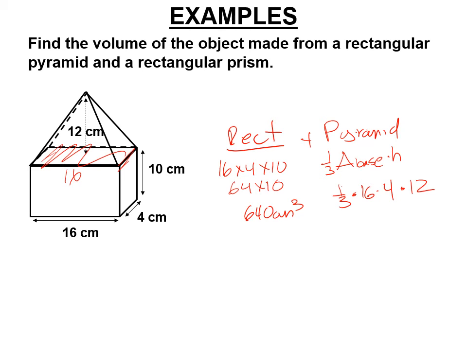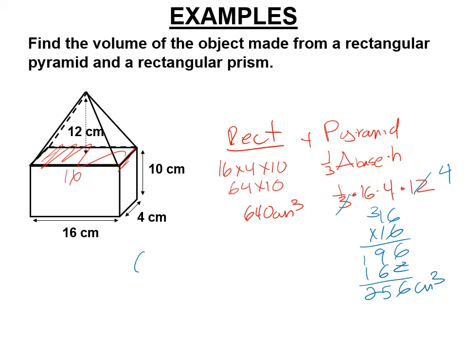I'm looking for something to cancel with this 3, and I'm going to use the 12 from the height. So that goes in 4. And 4 times 4 is 16, so this is 16 times 16, which is 256 cubic centimeters for the pyramid.